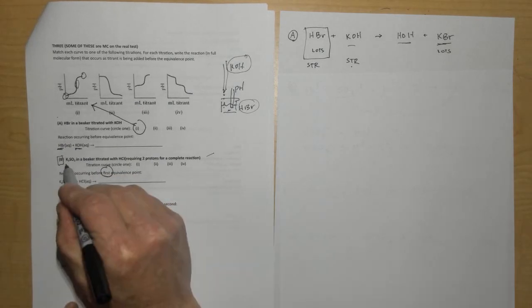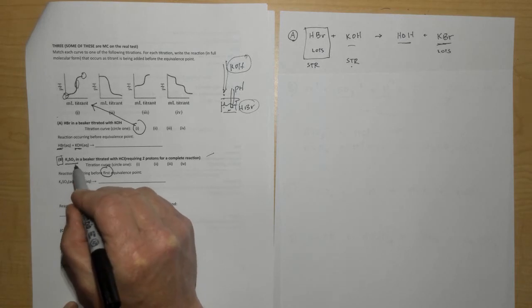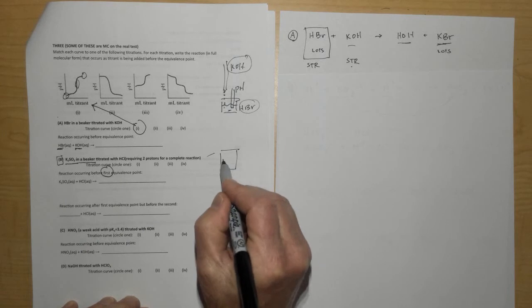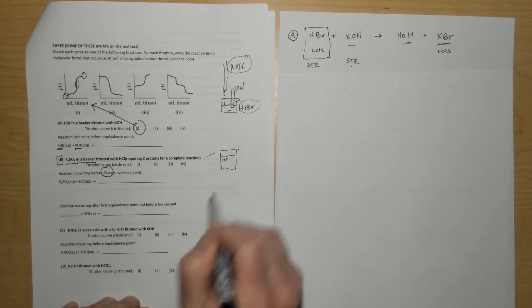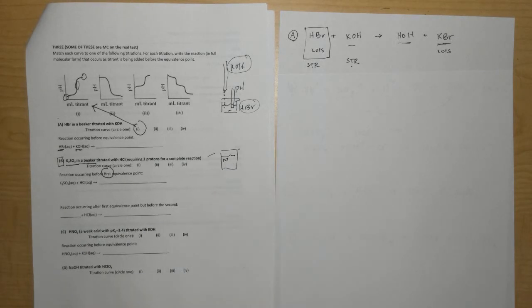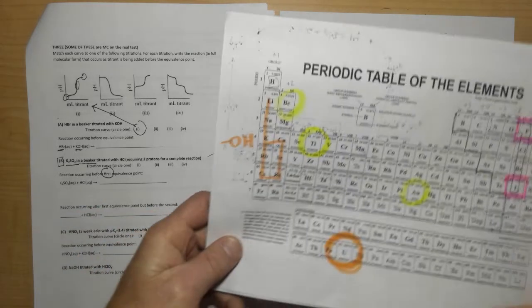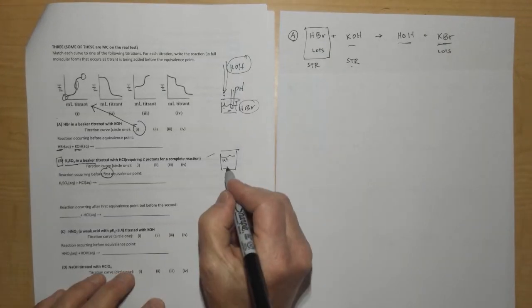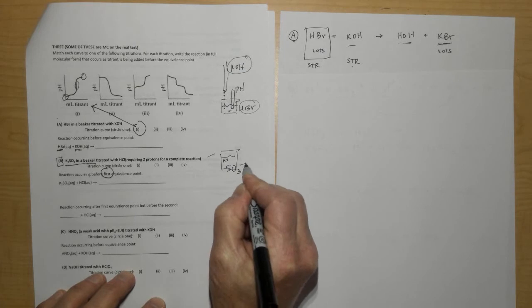Okay, and the next one, it says K2SO3 is in a beaker. So now inside your beaker you have some K pluses, which would do nothing in solution, because remember K pluses come from a strong base, and of course those would act neutral in solution, because if the cation or anion came from a strong, they would be neutral. And so if you look right here, K is in the B area right here. And then it also has some SO3 2-.